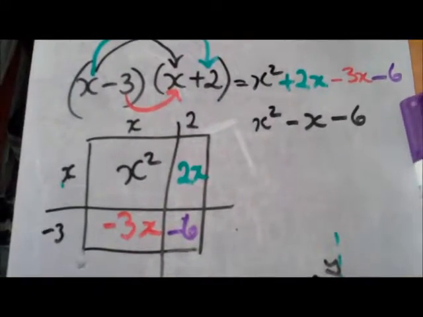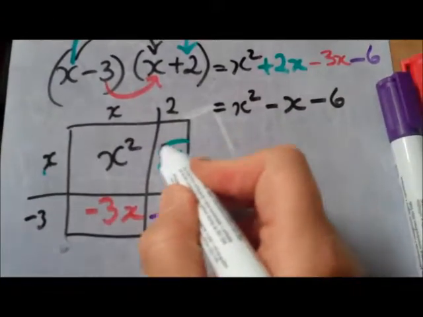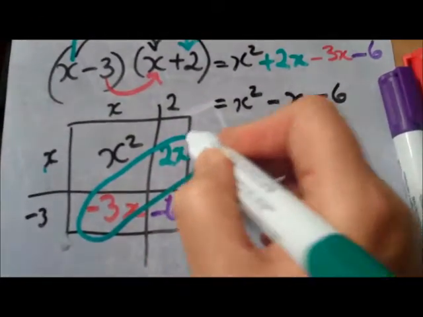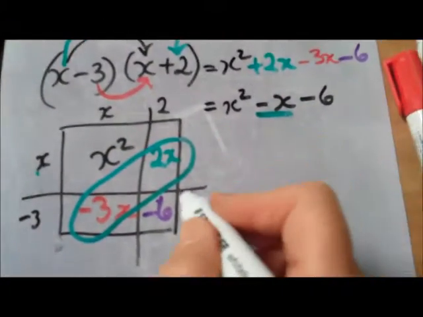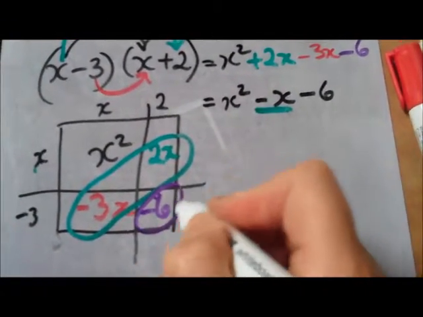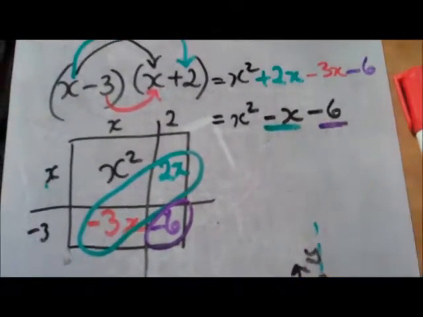What I want you to notice is here the 2 and the 3 are being added together to give you minus 1. Here they are being multiplied together, so this is minus 3 times 2 to give you minus 6.